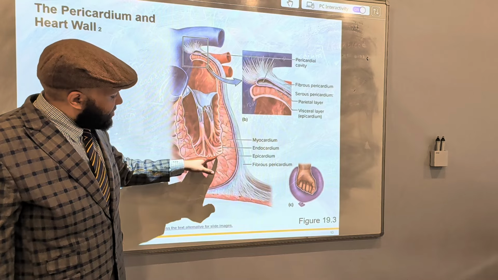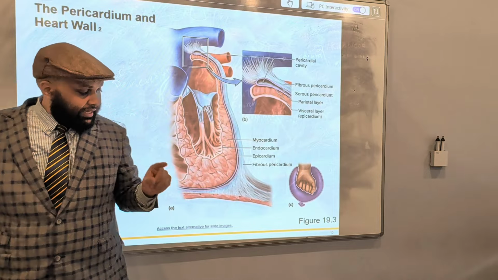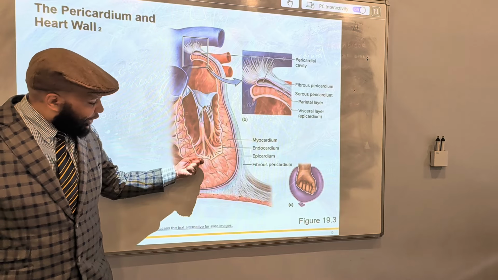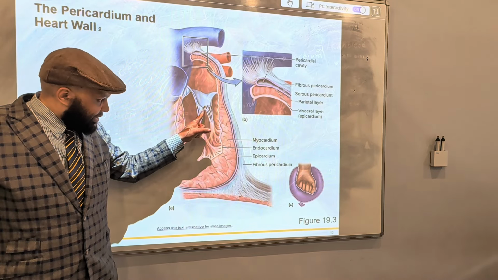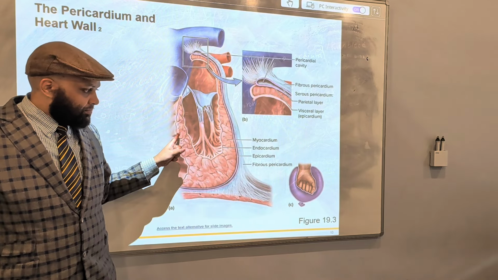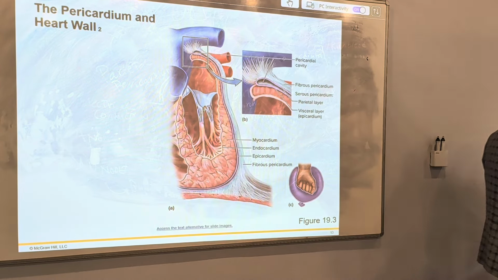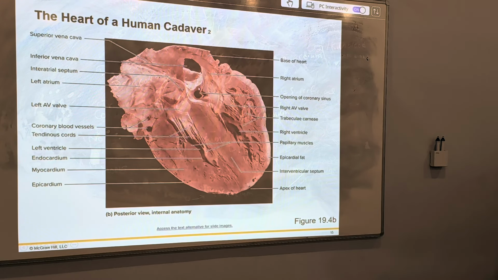What's the name of the muscles to which we anchor and hook those parachute-like tendinous cords, the chordae tendineae? This is very important. Papillary muscles. Those are the parachute and those are the papillary muscles.